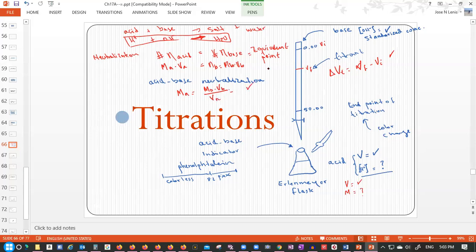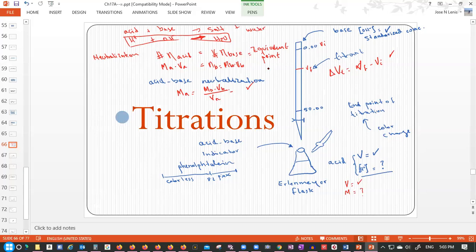And that's it. And that's how you find it. Also, you have to be careful with the stoichiometry of your reaction. If you have diprotic acid, you have different bases, you have to take into account the mole ratio in your reaction.